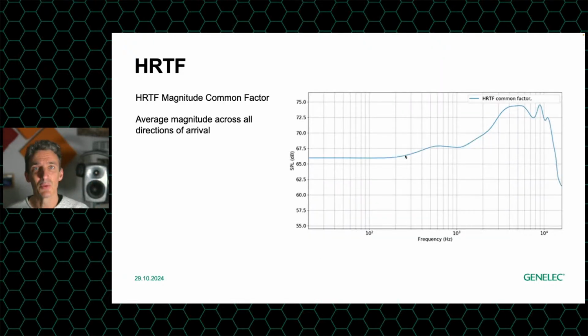You can use something which is called a common factor. Sometimes you can see HRTFs with this common factor or without, which just means this is an average magnitude across all directions of arrival. So a general profile. If you look at this, it has similarity, for example, to the headphones measurement I have shown you in the beginning.